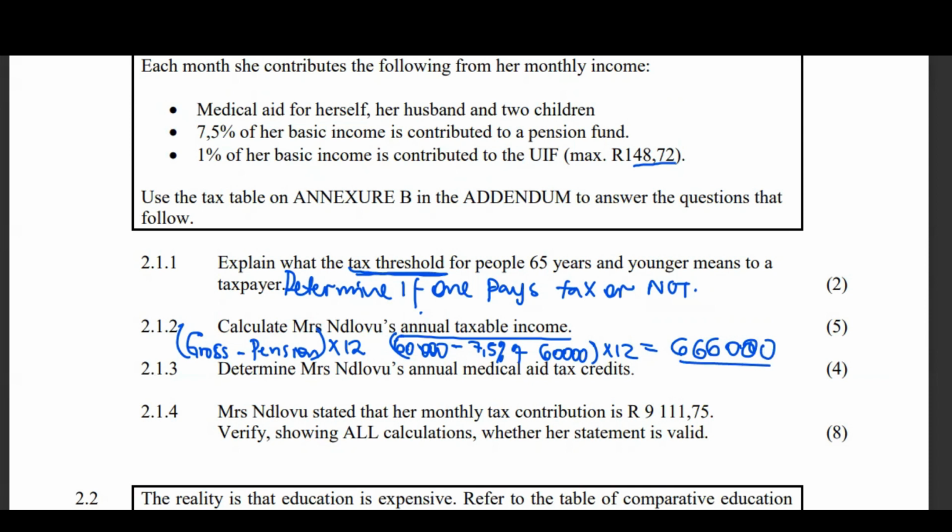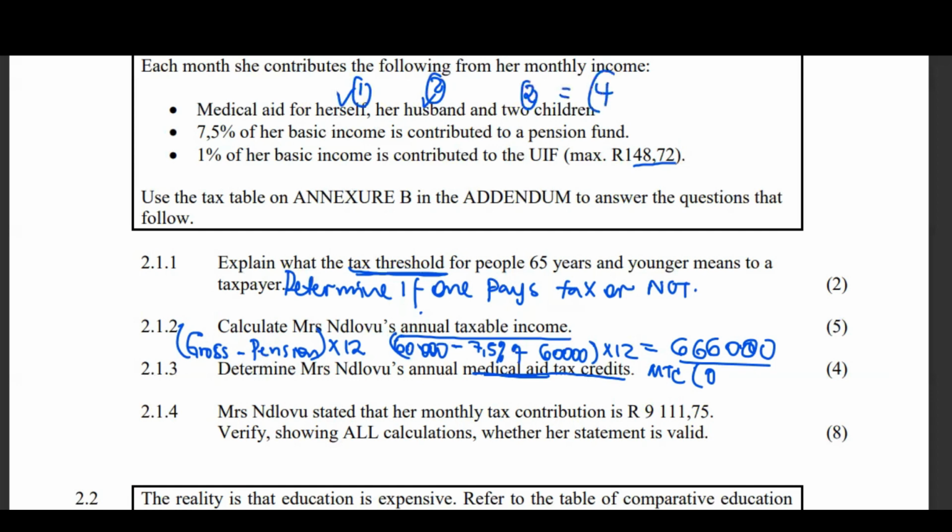They say determine Mrs. Ndlovu's annual medical aid tax credits. I will always write them as MTC. This one will depend on the number of dependents. She pays medical aid for herself, that's one, for the husband, two, and two children.